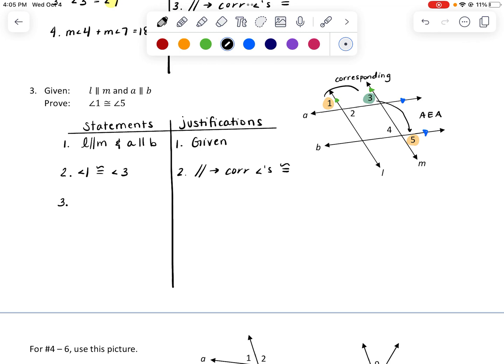Now I'm going to connect 3 to 5. So angle 3 is congruent to angle 5, and because we have parallel lines, alternating exterior angles are congruent.